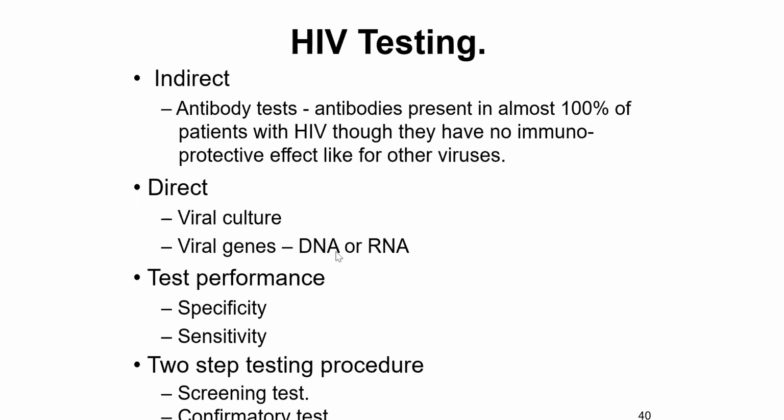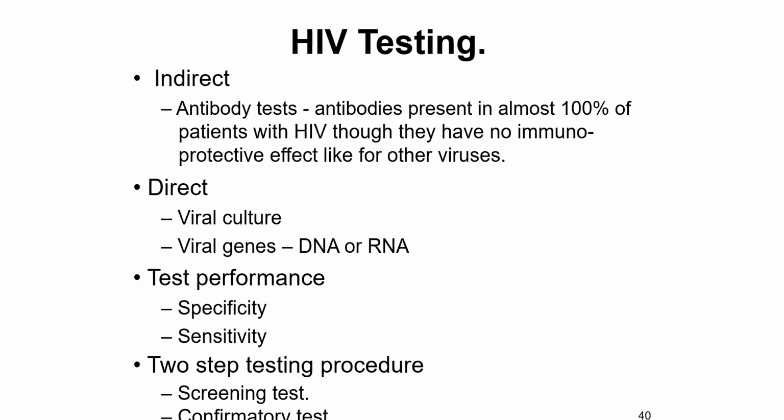The most common such test is a DNA PCR, where we are looking for the gene of the virus. Then the common tests which we do are antibody tests. In the antibody test, we are not testing for the HIV itself, but we are testing for the presence of antibodies which are produced in response to the HIV infection.